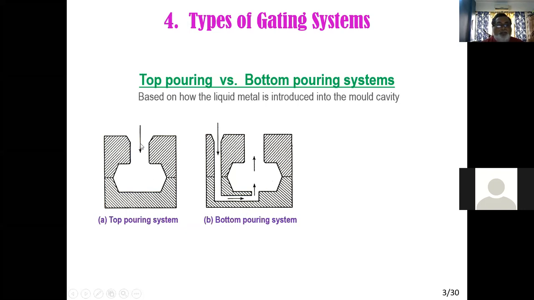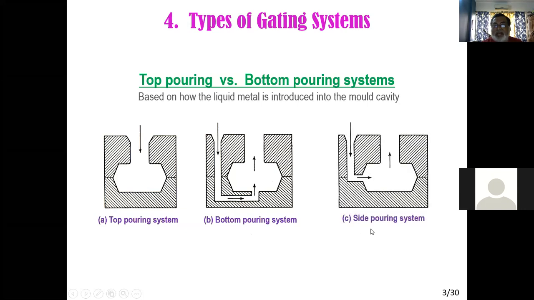And this is called top pouring system or top gating system. Between these two systems, there is another one called side pouring system. That means liquid metal enters the mold cavity through the partition between the cope and drag. So there is also some degree of fall from the parting line. So we'll see a certain damage to the liquid metal in this system.